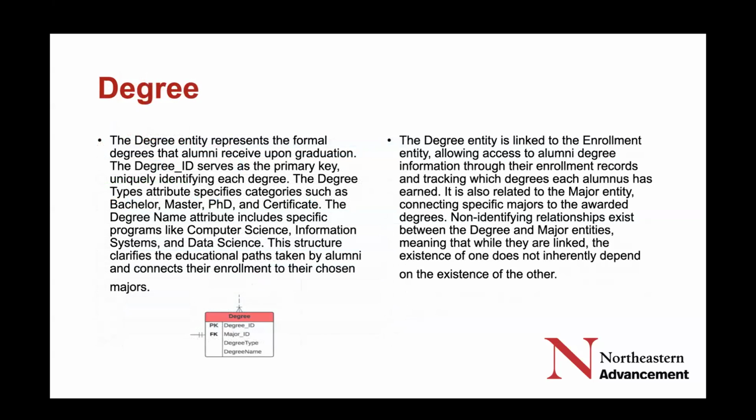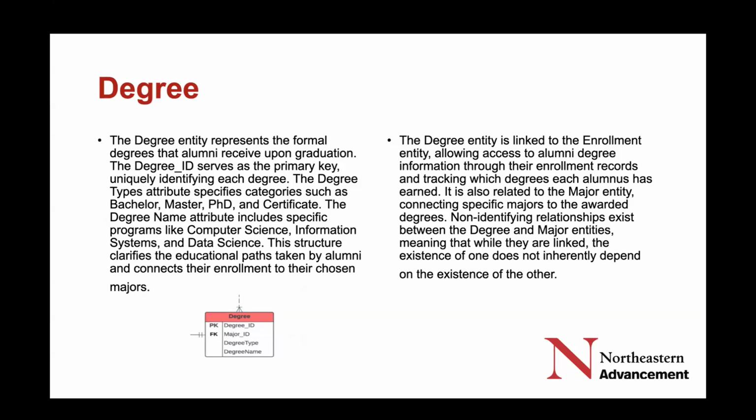Now we have degree, which also represents a very important aspect. Degree is basically the academic recognition given to a student after their graduation, on completion of the course that they did. So degree ID serves as a primary key, uniquely identifying the degree. A degree has an attribute: it might be a bachelor's degree, master's degree, PhD, or certificate.